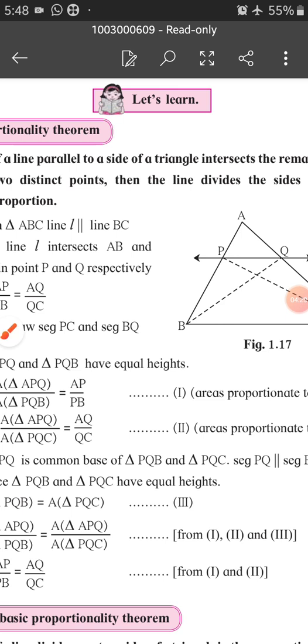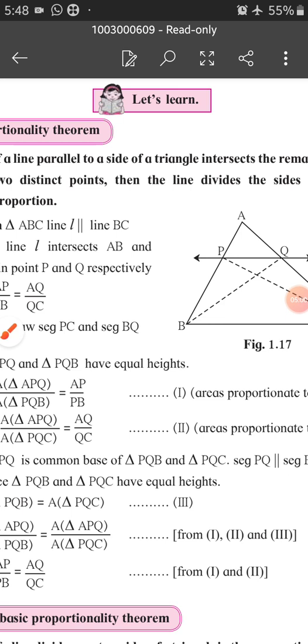How to prove? For that you have to observe the figure. Now both these triangles lie between the parallel lines, parallel lines L and BC. We have previously studied that if triangles are between parallel lines, then they have the same height. So triangle PQB and triangle PQC both have equal height.